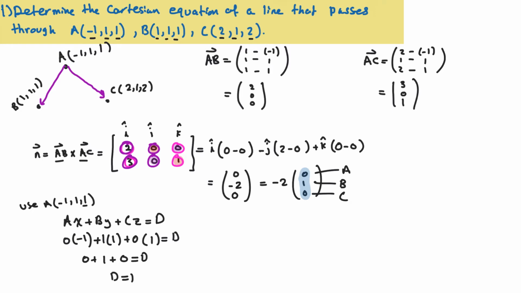Well, our Cartesian form of the equation then will be ax plus by plus cz is equal to 1.